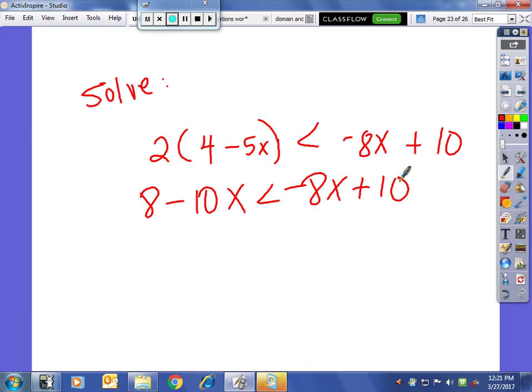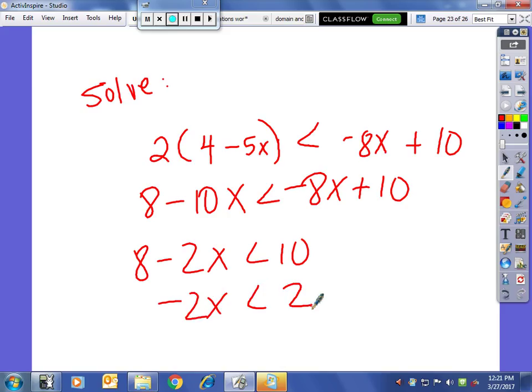Okay, first I distribute it. Now I'm going to add 8x to both sides. And subtract 8 from both sides. Now, it comes down to my last step here. And I have to divide by negative 2. The symbol better flip. I got x is greater than negative 1.